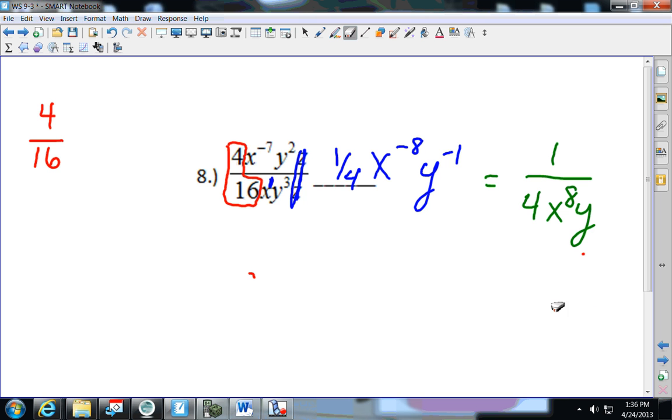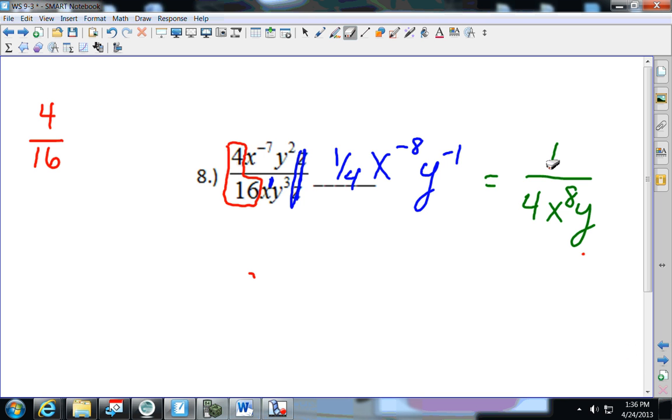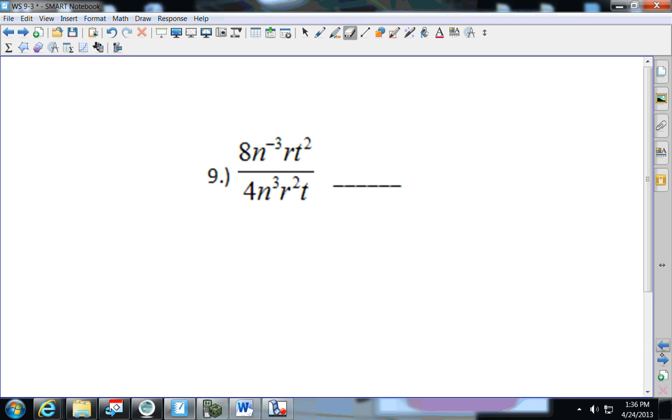It takes a negative way, yes. The 1 has to be up here to hold its place because that's what makes it a fraction. It's 1/4 and it's 1 over, yes. If it's on top, yes. I think we might have that switched around right here. So you'll see in a minute.